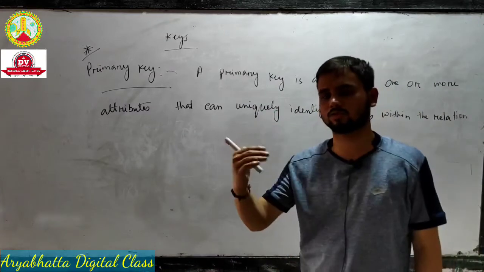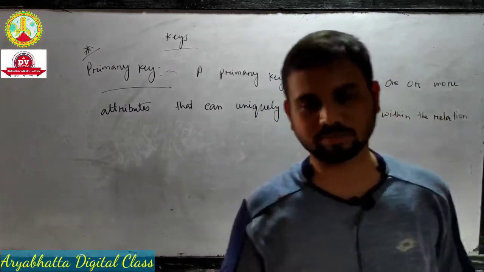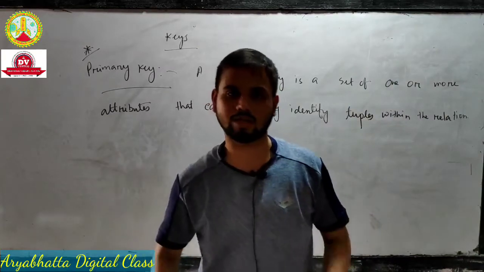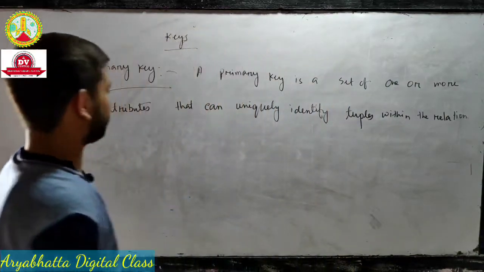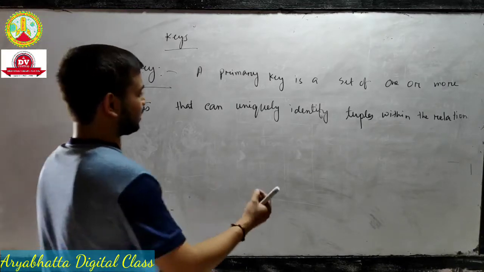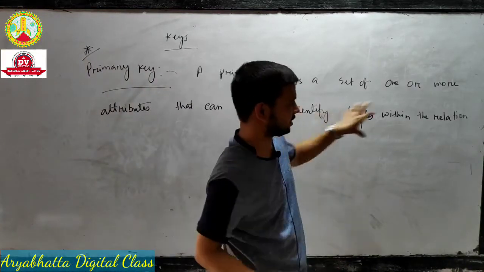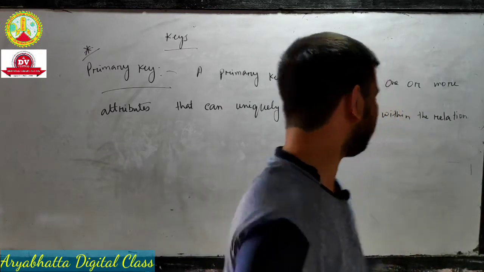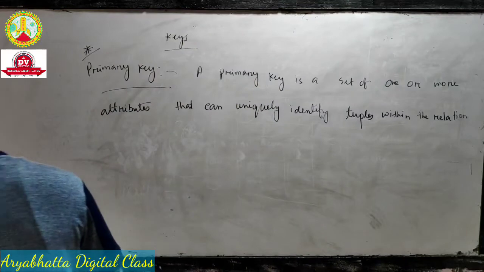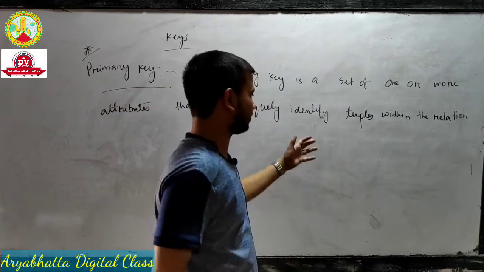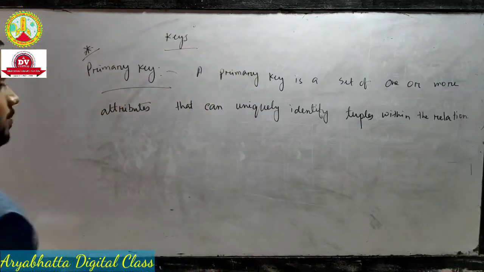So we must have more than one primary key, then you can access the whole table. So a primary key is a set of one or more attributes that can uniquely identify tuples, the rows in the relation, within the relation. This is the definition of primary key. When we do the example questions, you will easily understand the main concept.